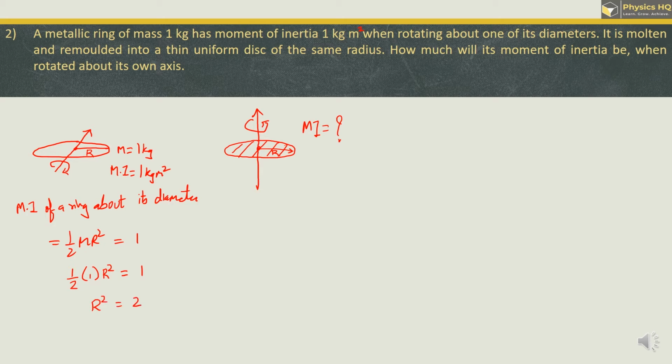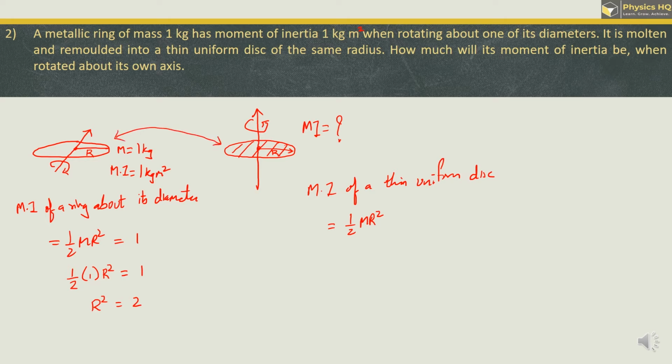Now moment of inertia of a thin uniform disc is given by 1/2 mr^2. Okay, so over here we need to understand that the same ring is melted to form the disc.